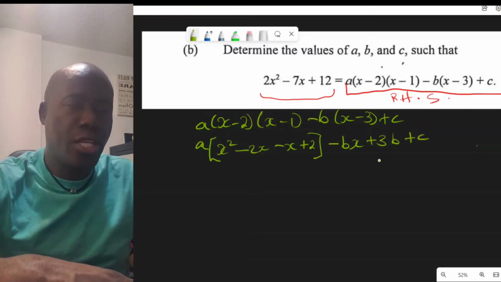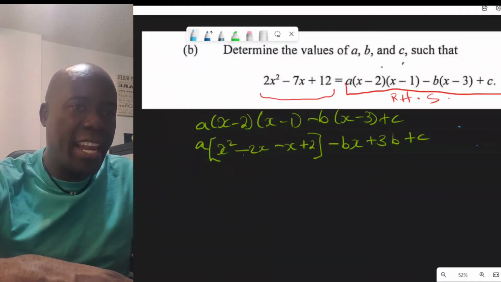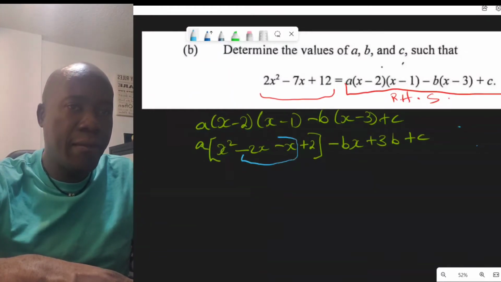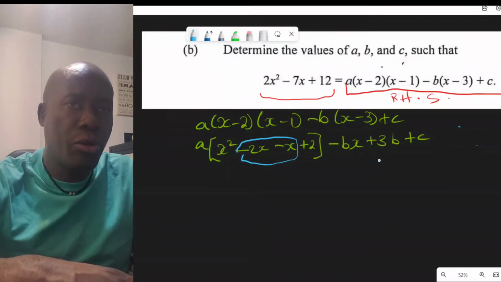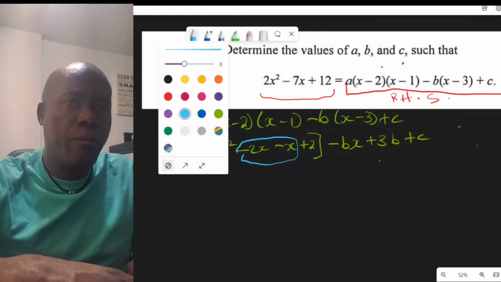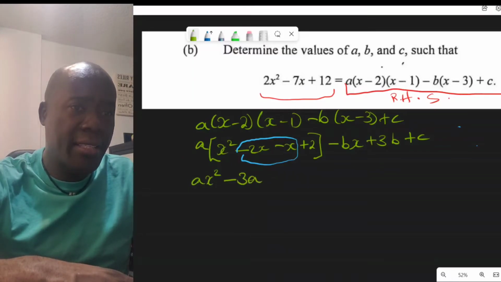In simplification, I'm going to distribute my a inside. At the same time when I'm doing that, I want us to pay attention to this. What I have here is going to be a negative 3x. So distributing the a inside, I'm looking at ax squared, and then this is actually negative 3ax, all right?